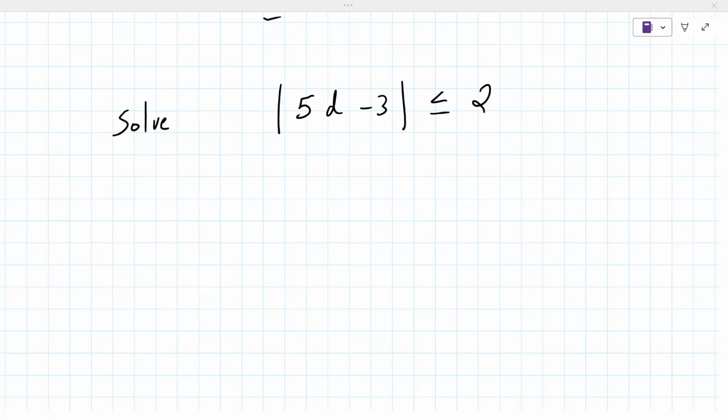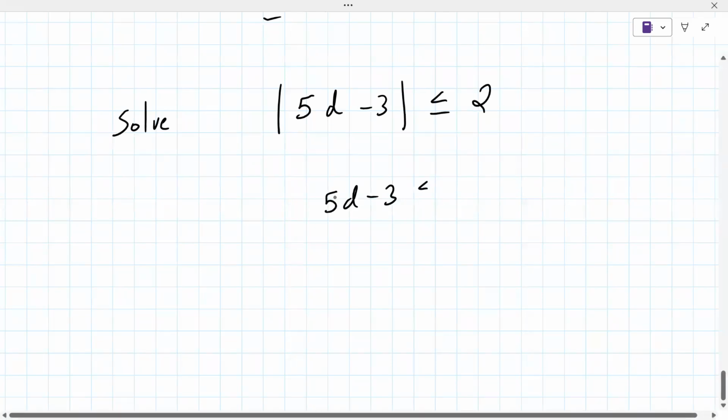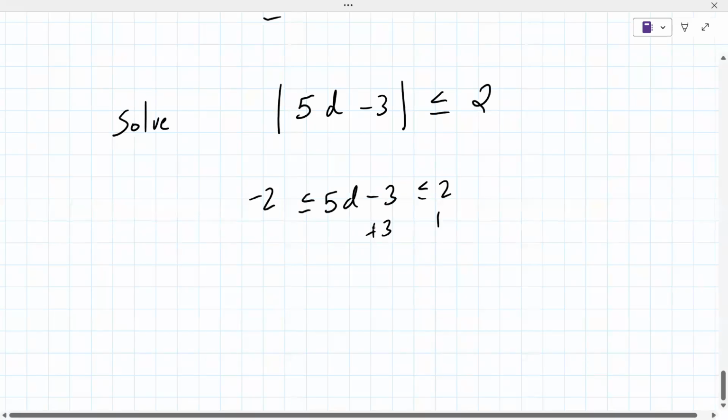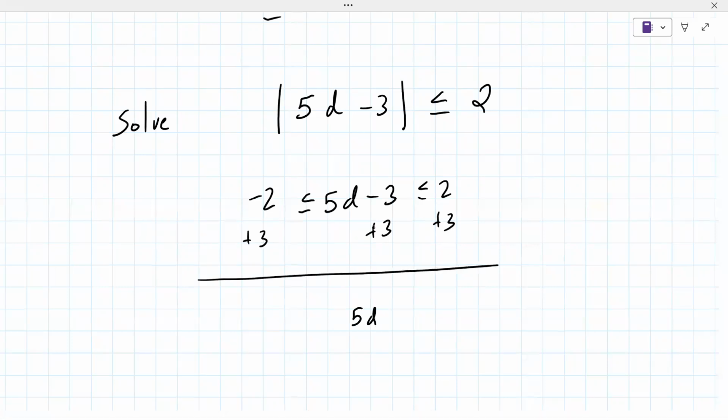Is it d equals 0 or -1? So this one's the other case, the between. Remember that? Yeah. Okay. So you're first going to add 3 to both sides. Tell me what that becomes on the outside.